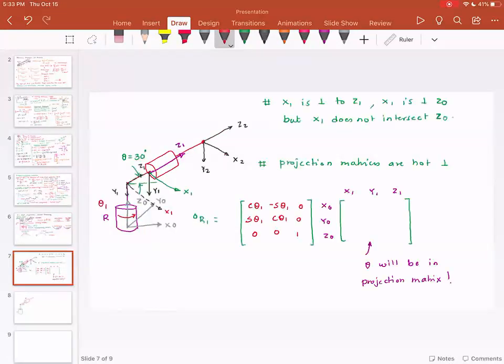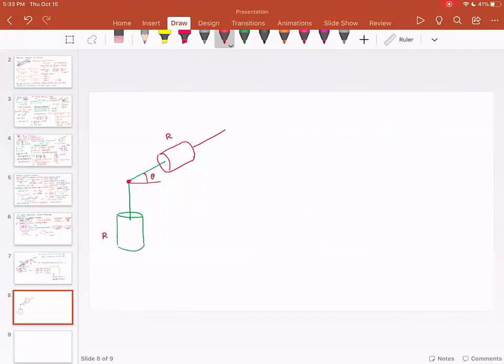Okay, before I proceed further, I just want to check that everyone understood this kinematic diagram and the issues you potentially face because the links are not perpendicular to each other. Now, I'm going to make a slight change to this kinematic diagram. I'm going to add a virtual joint.